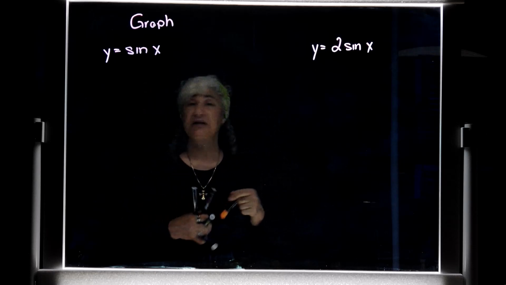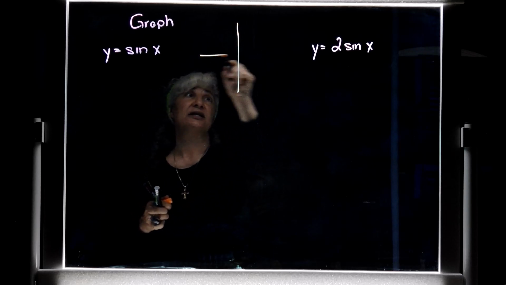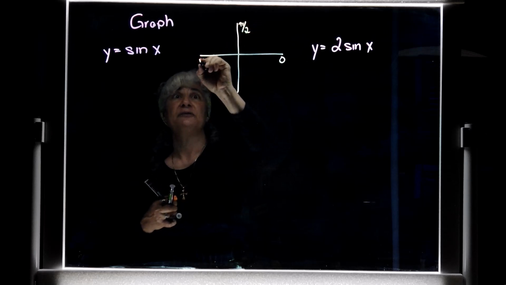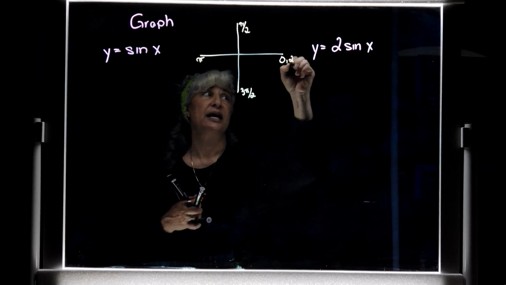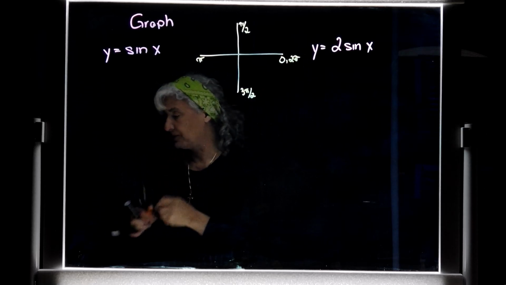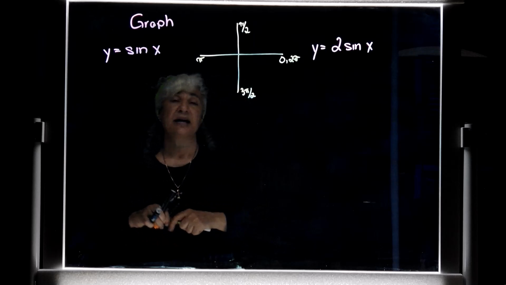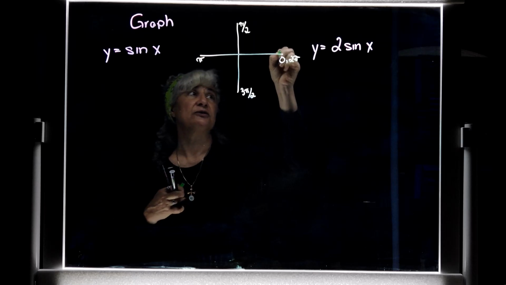So let me put down what the unit circle looks like. Remember our typical angles? That would be very helpful for us to remember where they're located. And at each angle is a point.